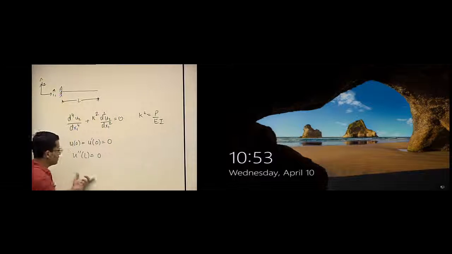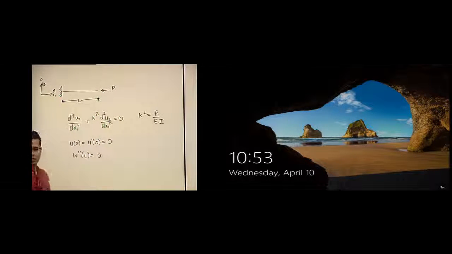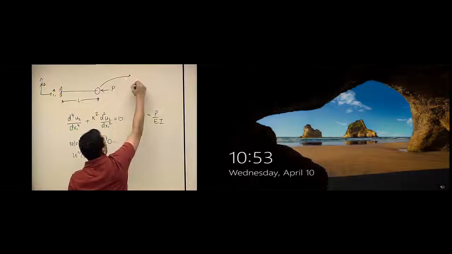So we have moment 0 at the right end, and we have another equation which is the shear force equal to 0. But we need to find out what the shear force is, because we haven't actually applied load at the end. So let's draw the free body diagram of the right end.